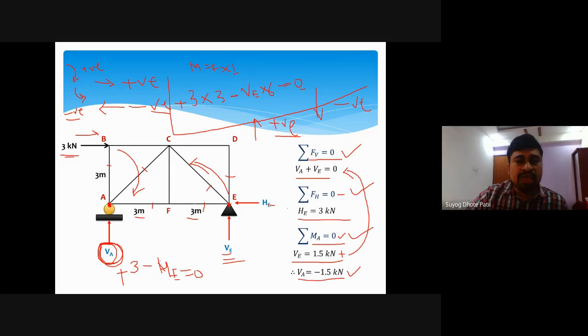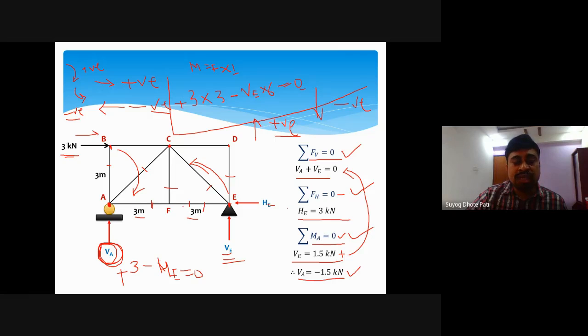So we have to consider a joint where only two or fewer basic unknowns are available. So at the initial stage we can't consider joint A, we can't consider joint E, and we can't consider joint C. Also we can't consider joint F, because at present we have three basic unknown forces, 1, 2, and 3.